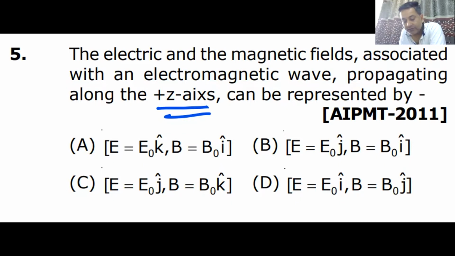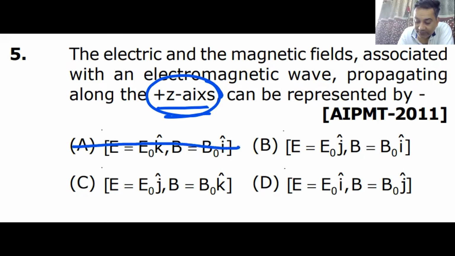Electric field and magnetic field must be perpendicular to the direction of propagation of wave. Wave is moving along z-axis. So electric and magnetic field must be along which plane? They must be along x and y planes. So option A and C go.